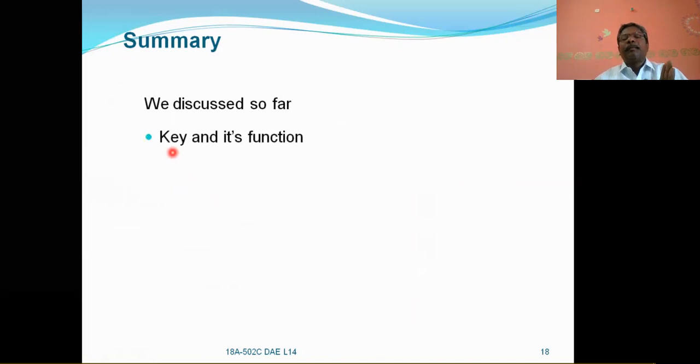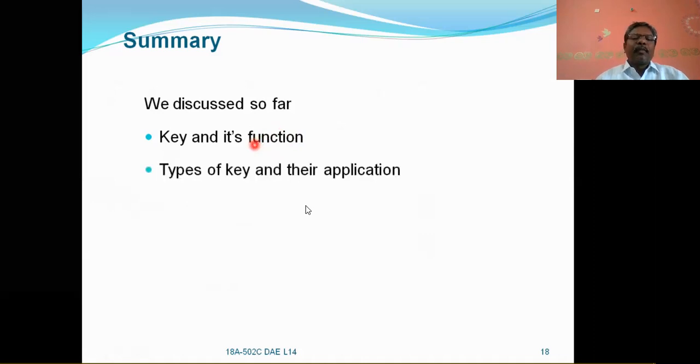What is a key? It is a device used to prevent relative motion, or sometimes to transmit torque from the shaft to the mounting, like gears and flywheels. Its function is to prevent the relative motion between the shaft and its mountings. And what are the types of keys and their applications?